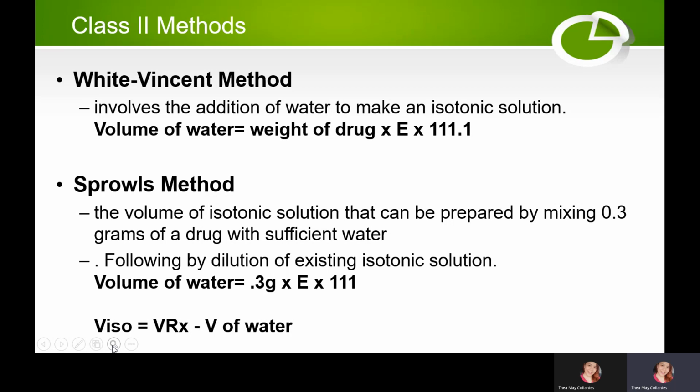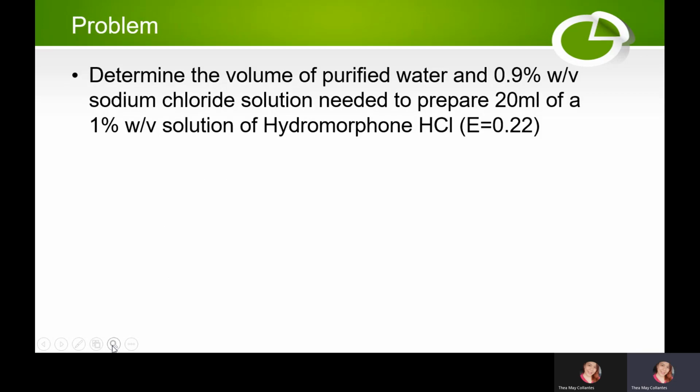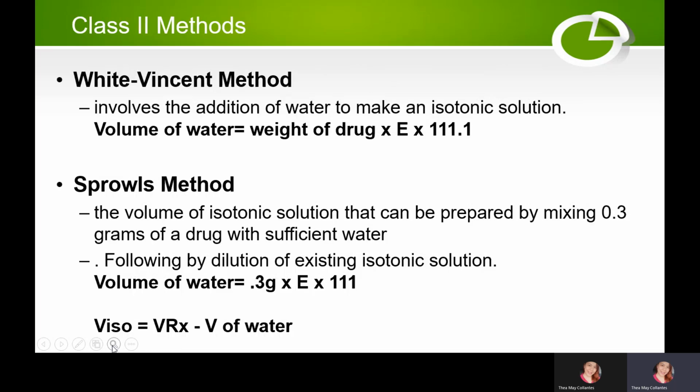But you now have the desired amount of drug that you will be needing with this kind of method. Of course, we have an example so you will understand. Guys, I will show you the long method on how to solve this one so we can appreciate it, and I will also show you the application of the shortcut.